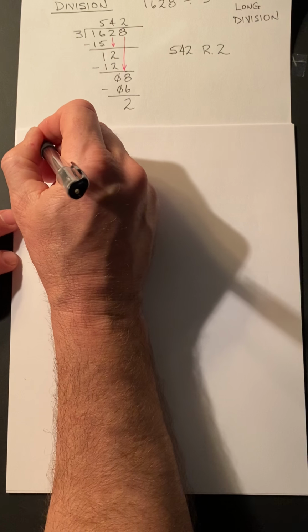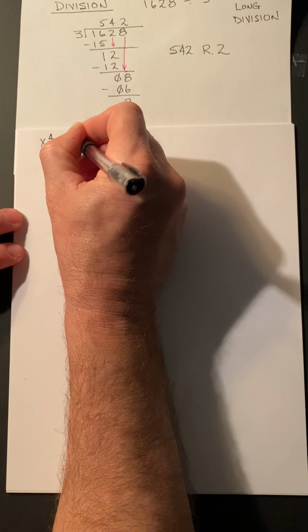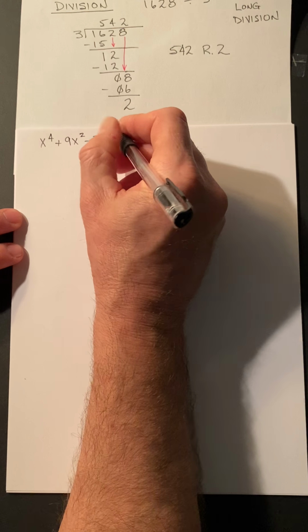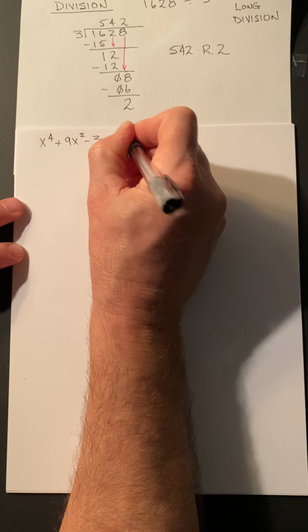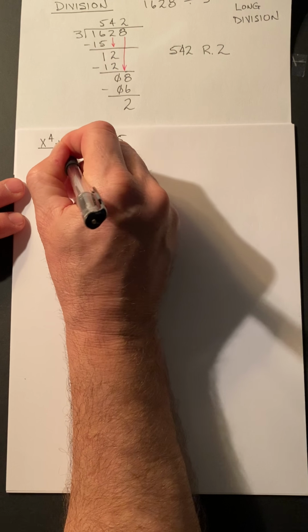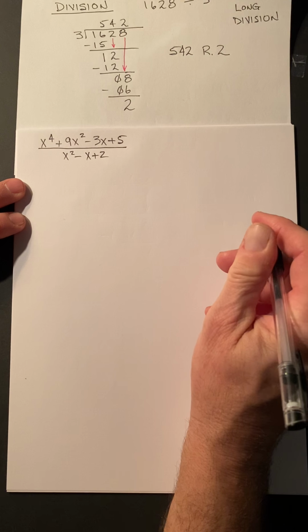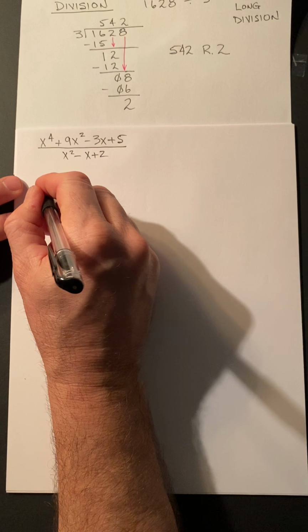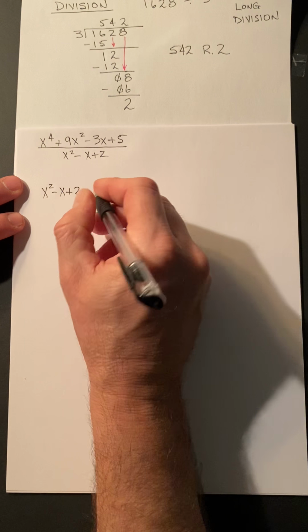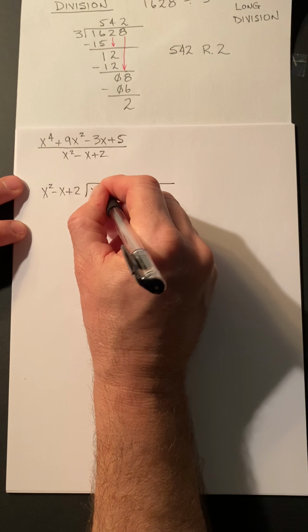Let's say we had x to the 4th plus 9x squared minus 3x plus 5, and we're going to divide in x squared minus x plus 2, okay? So we'll set our division up, x squared minus x plus 2 into x to the 4th.